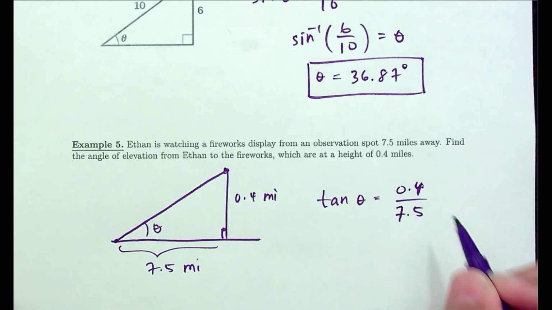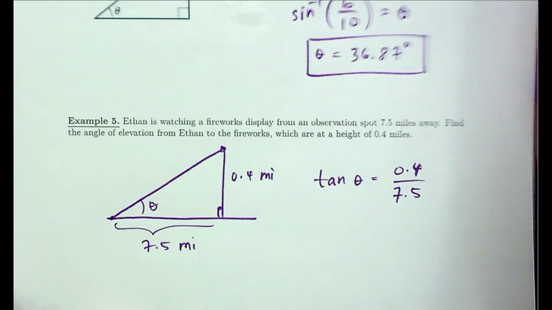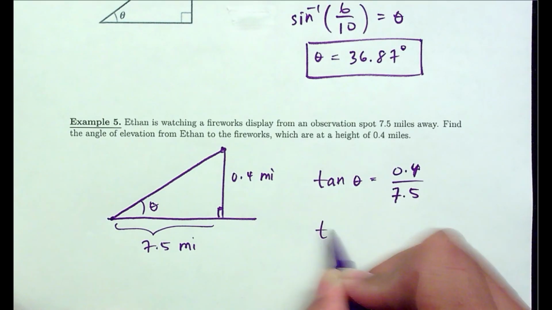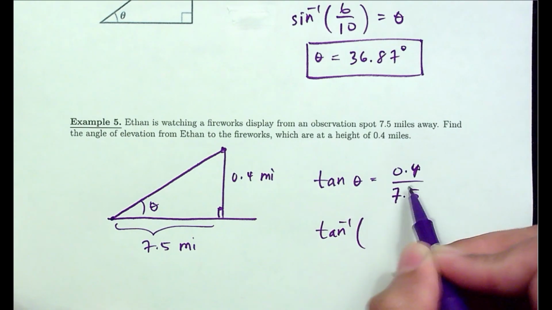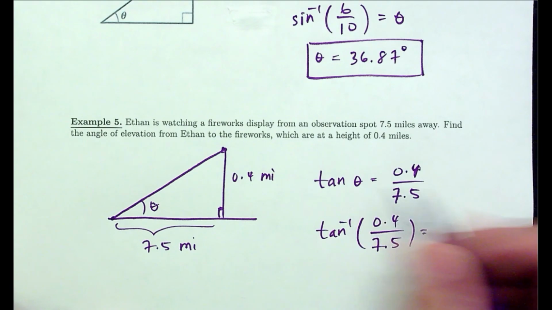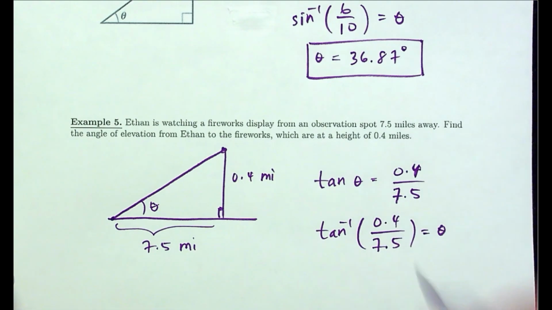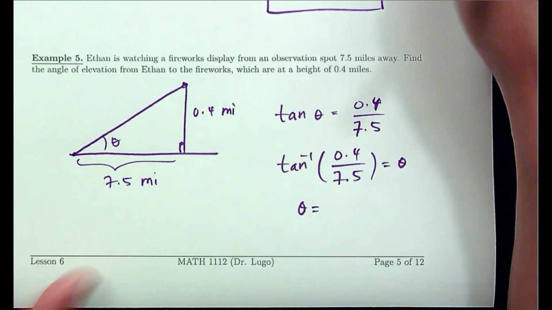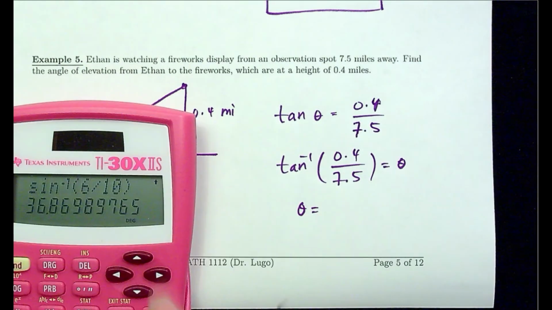Okay, opposite over adjacent. Okay, there we go. And now get theta by using tangent inverse. So tangent inverse of the output becomes the input, and the input becomes the output. So this is theta.